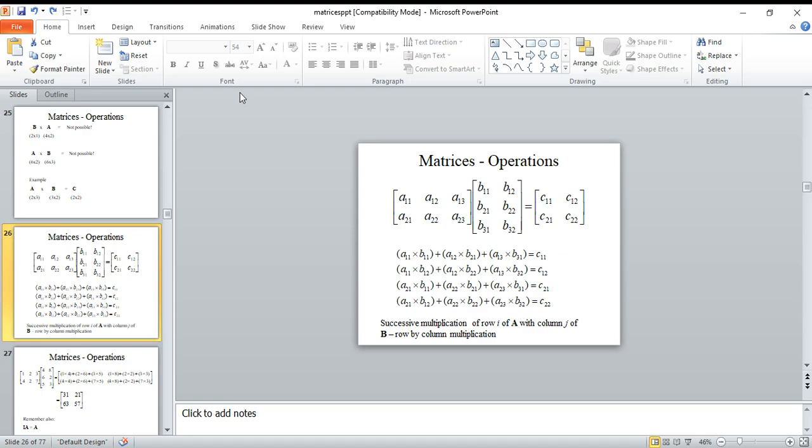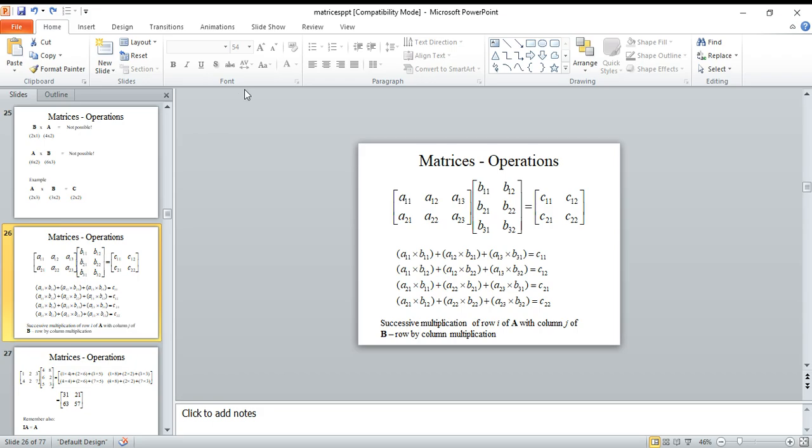This gives the third element of the matrix. Last, the second row with the second column: A21 into B12 plus A22 into B22 plus A23 into B32. This gives the fourth element of the product matrix.